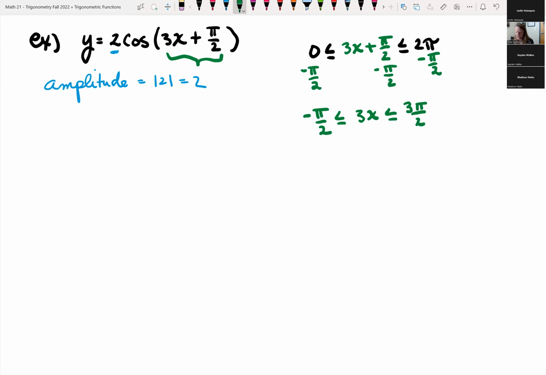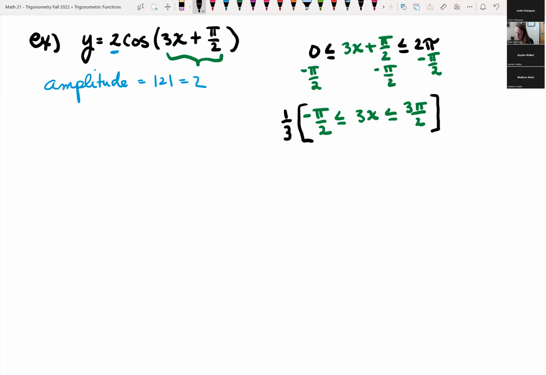I need to get the x by itself in between the inequalities, and I can do that by dividing everything through by 3, or so I don't have to deal with complex fractions, let's multiply everything through by 1/3.